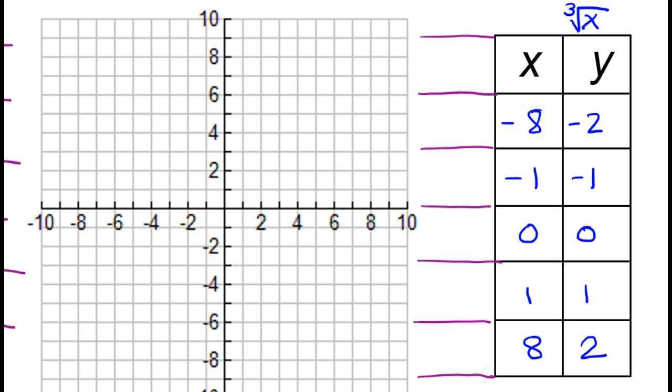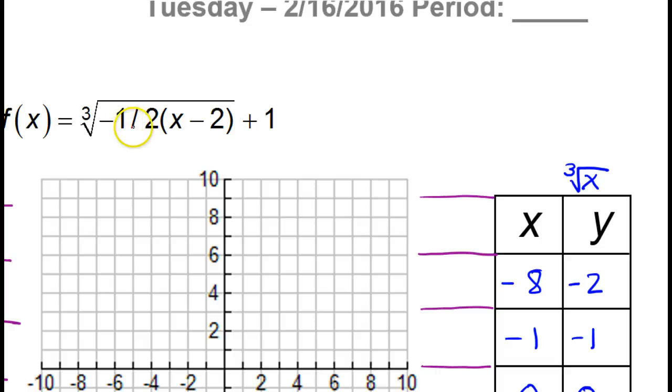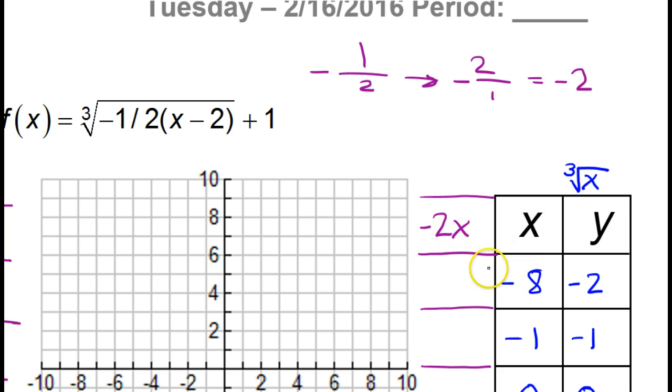You make the new x column by multiplying by the reciprocal of this b value. So if I've got -1/2, the reciprocal is going to be -2/1, which is just -2. So that's what I'm going to multiply all my x's by. So I'm going to do -2 times all my x's.